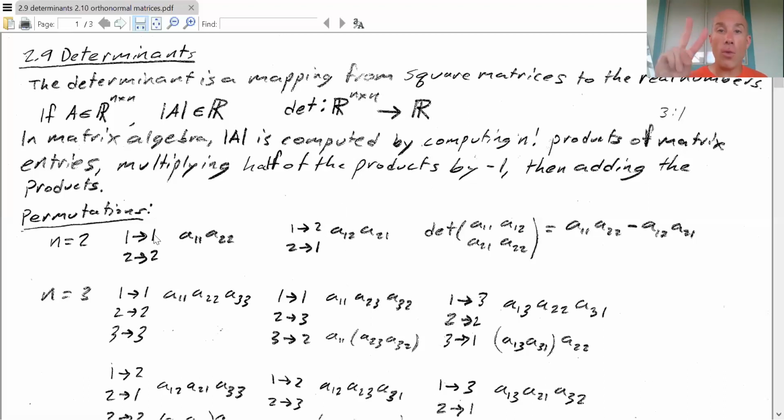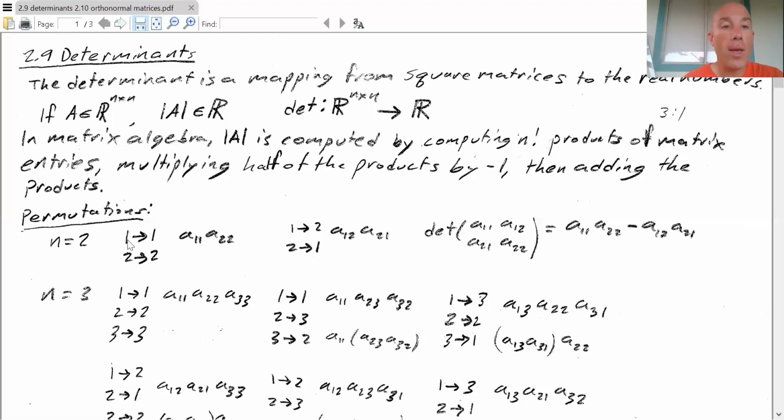I'm going to start with a 2 by 2 case, then we're going to look at the 3 by 3 case, and we're just going to stop there because I just want you guys to see where this formula is coming from. Why is it this way? When I talk about two numbers, there are two possible permutations. 1 goes to 1, 2 goes to 2, the stationary permutation, or 1 goes to 2, 2 goes to 1.